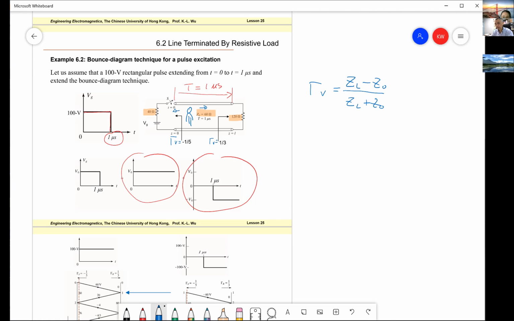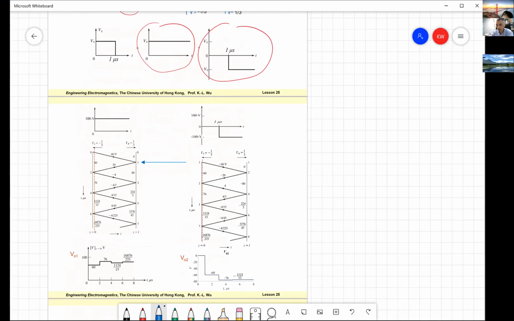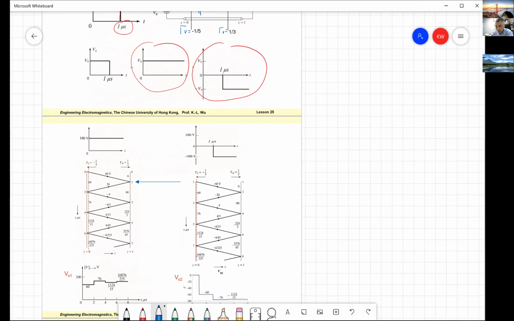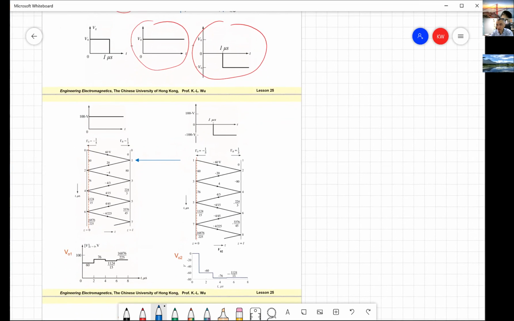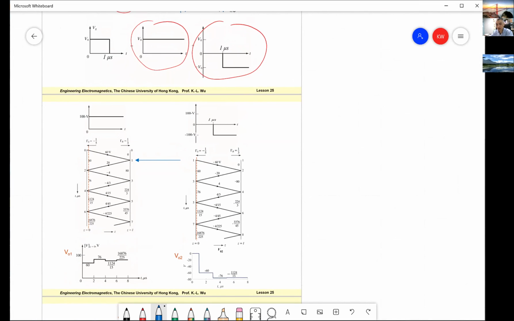Now let's find the total voltage at the source side. Z equal to 0 is where the source is. We don't need to repeat this example because we already analyzed this case before.